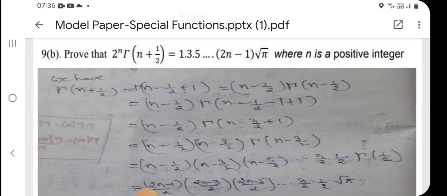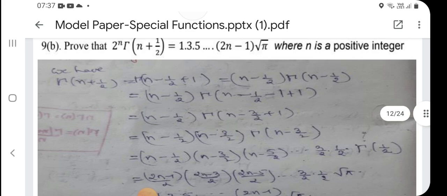So n plus half can be written as n minus half plus 1. Now it is of the form gamma of number plus 1, which is nothing but number into gamma number. So n minus half into gamma of n minus half.